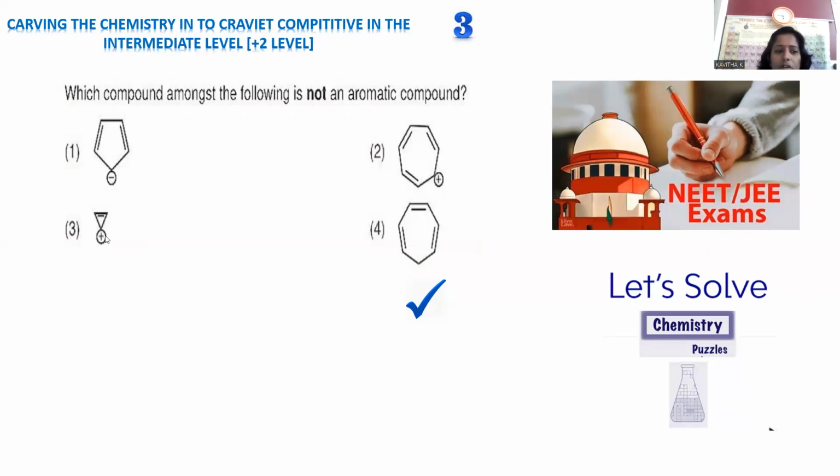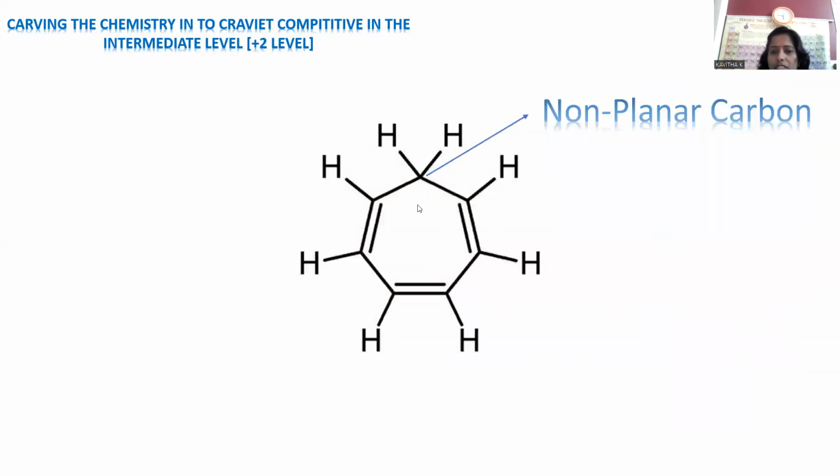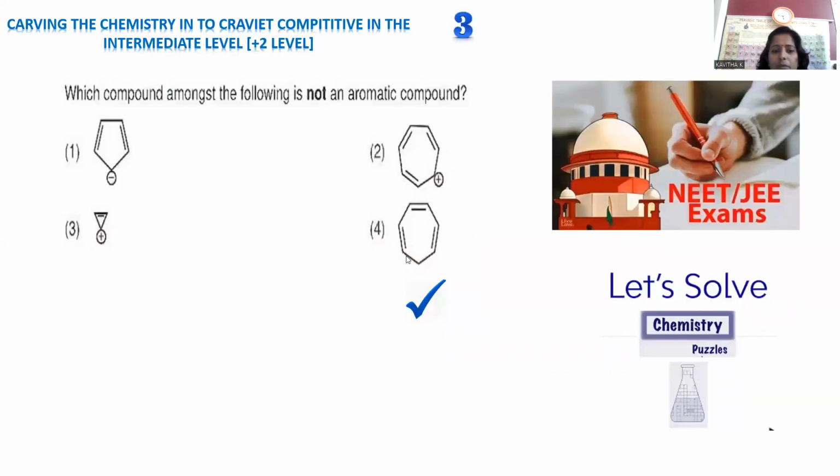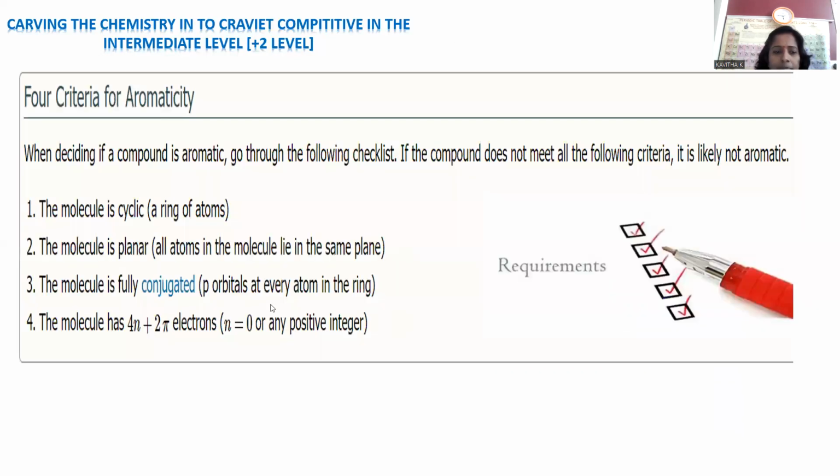The third compound also has sp2 hybridization, but in the fourth compound, all double-bonded carbons are sp2, whereas the CH2 carbon is an sp3 carbon. This CH2 carbon is non-planar due to sp3 hybridization. The second point is not obeyed by option number 4, so it is non-aromatic.